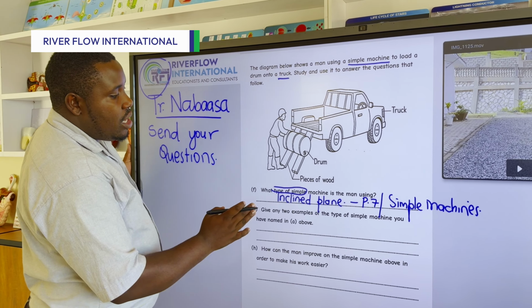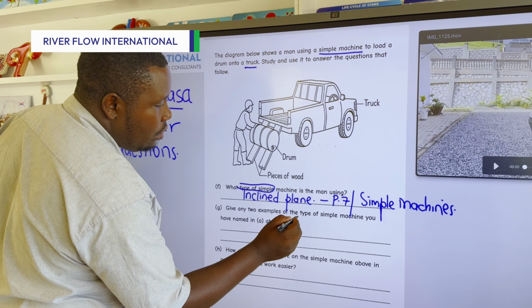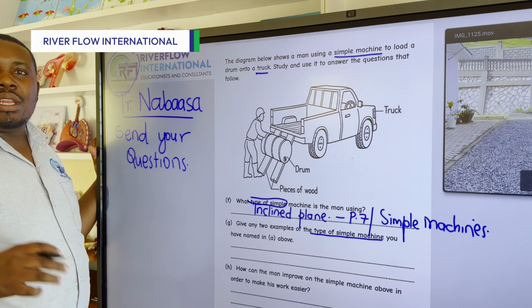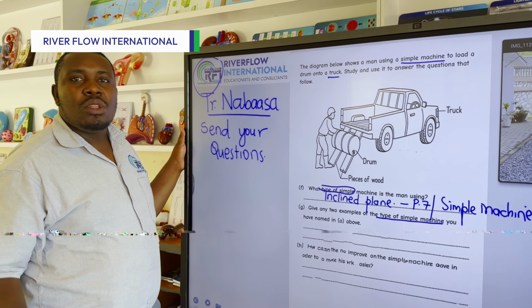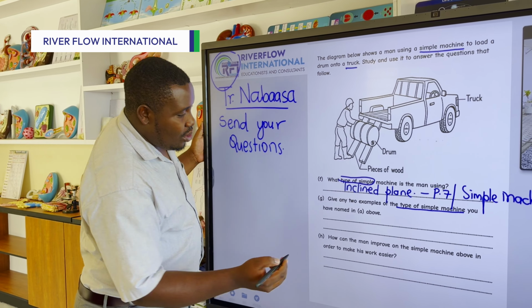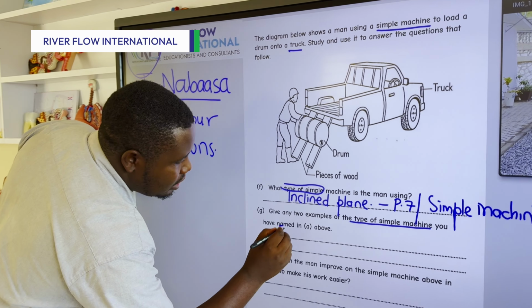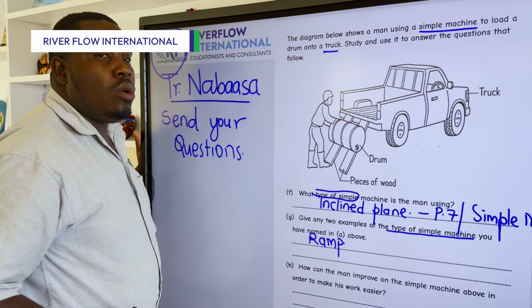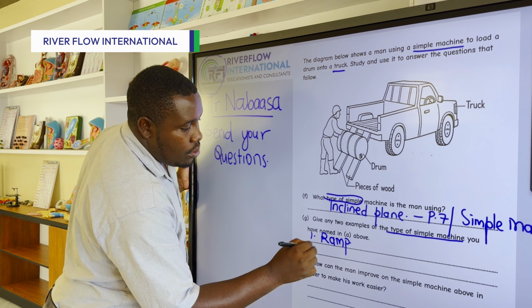They are saying that we give any two examples of the type of simple machine we have named above. In other words, they want us to talk about where we find these in real life. And I know you know them. Number one is the ramp, which we use especially to move on storage buildings.